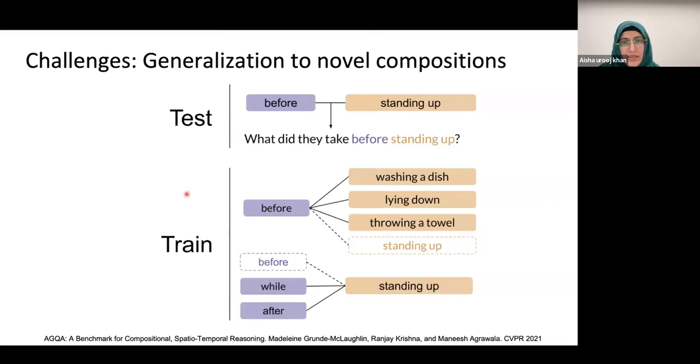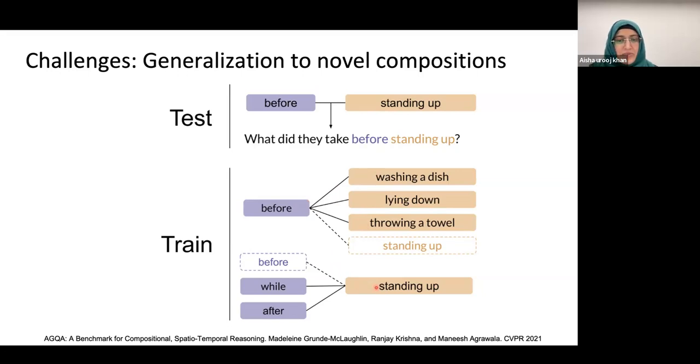So here is how the challenges look. The first challenge is novel compositions. To understand this, we are taking 2 discrete ideas, "before" and "standing up". At training time, for instance, you have seen "before" with other concepts, like washing a dish, lying down, throwing it on the table.